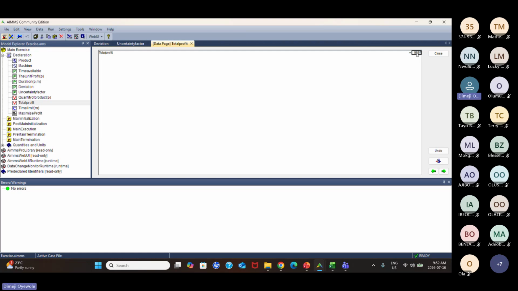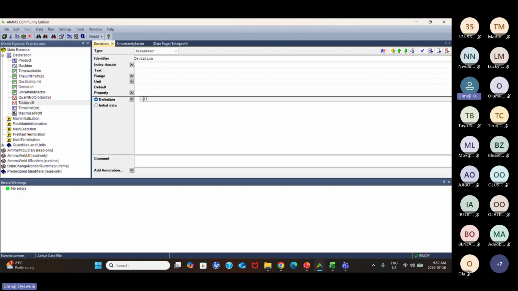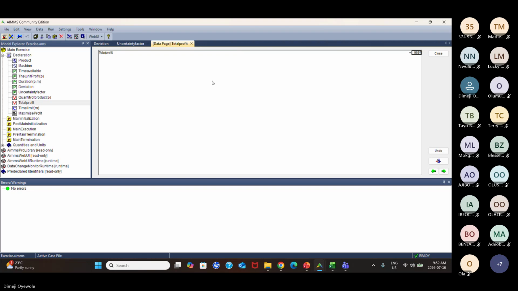So here we can see that it has decreased by $3. Let's change the factor to 0.1. Can see it has decreased to 9,565.